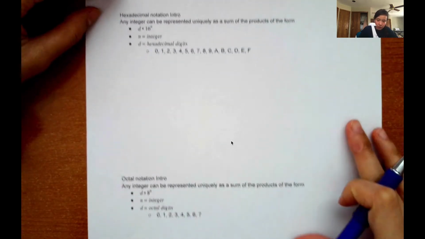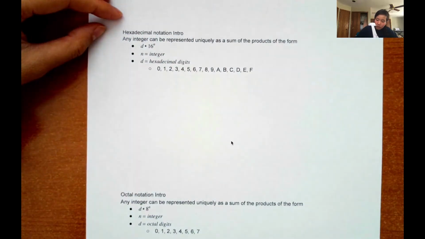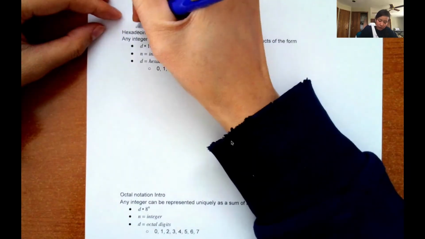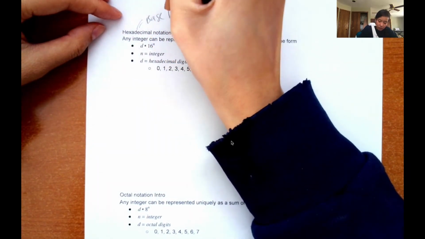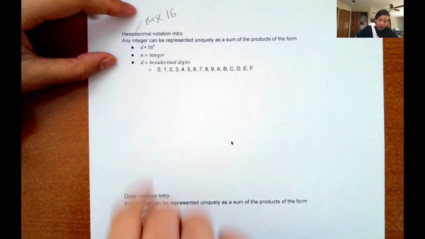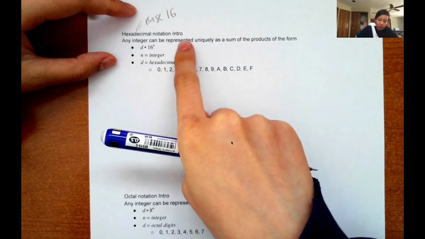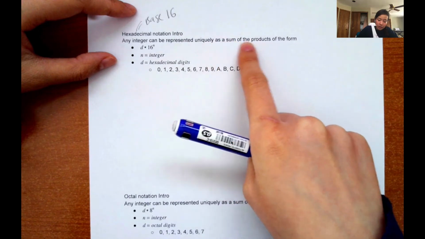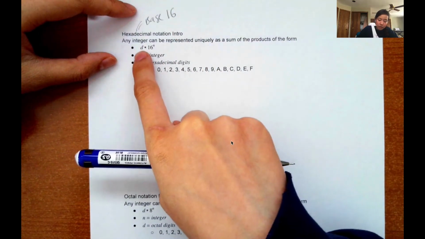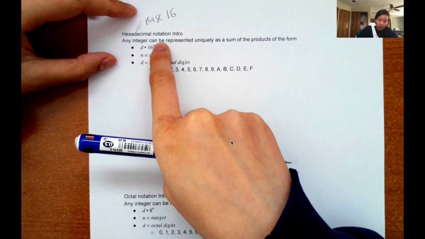Okay, now let's look at hexadecimal. Hexadecimal is the same thing as saying base 16. Again, any integer can be represented uniquely as a sum of the products of the form d times 16 to the nth power.